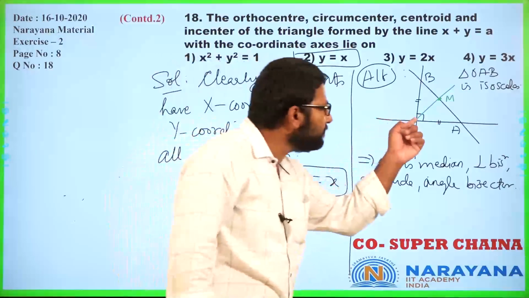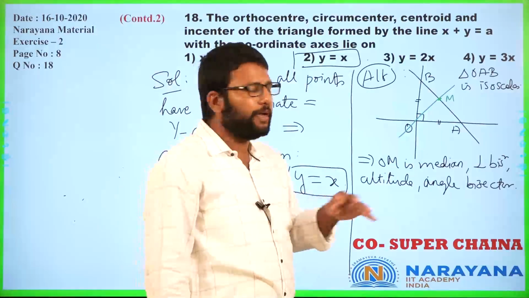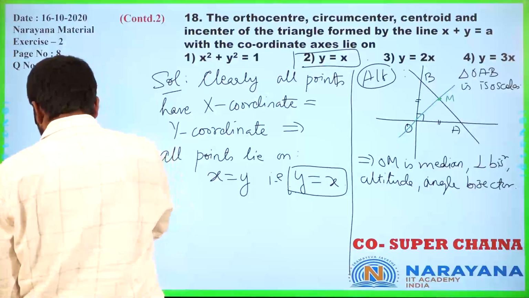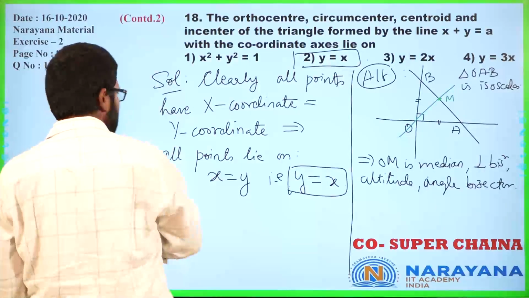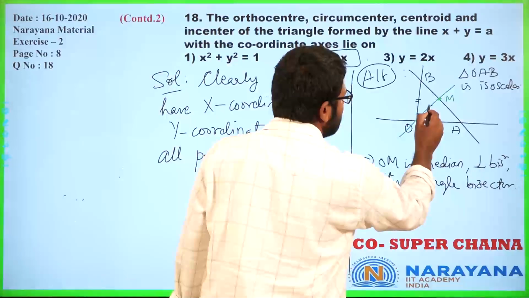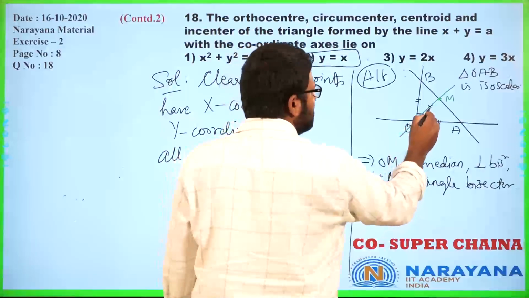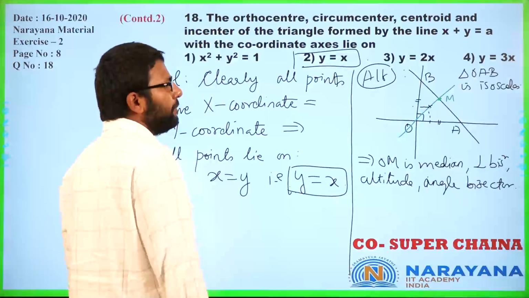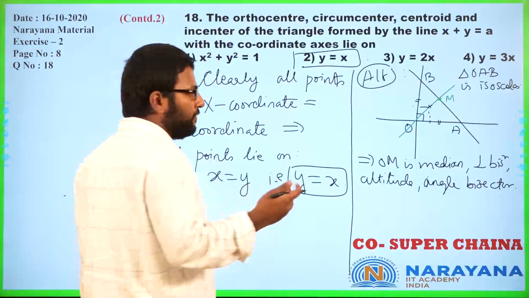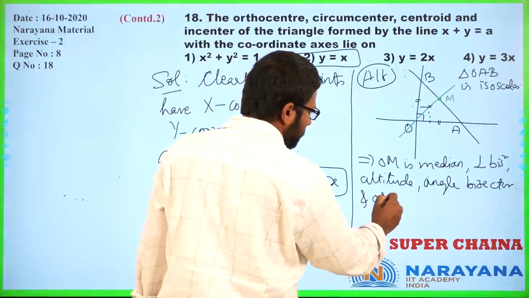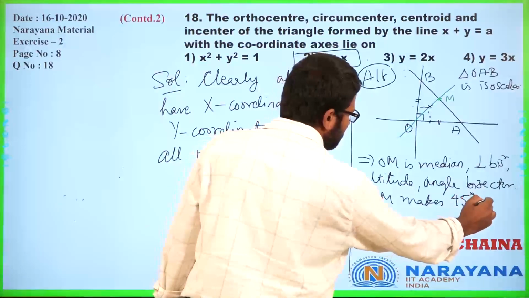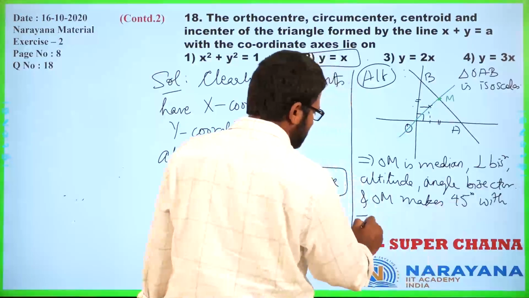And if you observe OM very carefully, if you take any single point on OM, this distance and this distance will be the same, because OM is exactly at 45 degrees and OM makes 45 degrees with positive x-axis.